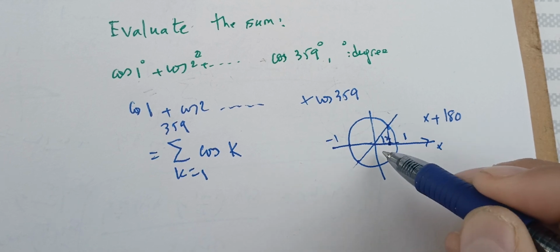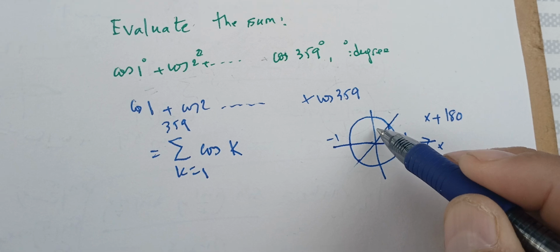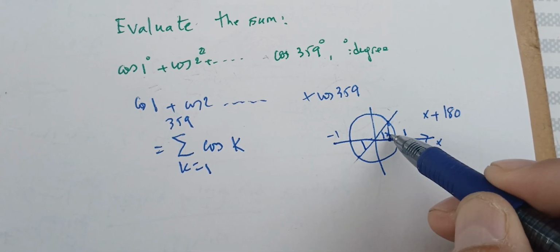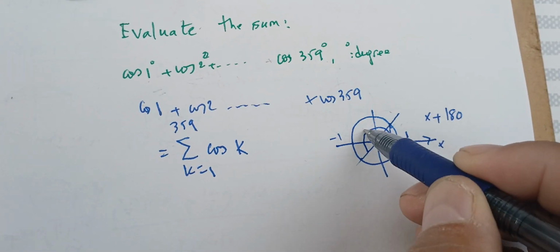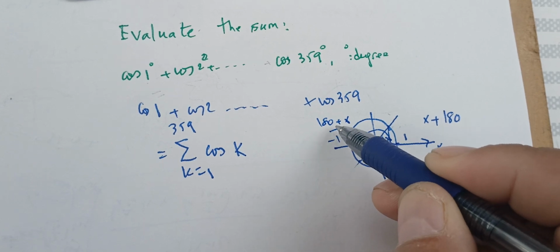If I make a half turn, that means a turn by 180 degrees, I get this angle here, which is 180 degrees plus x.